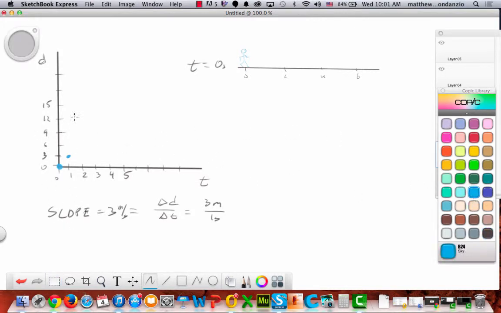Okay, so now he's at 3 seconds. And he's at 15 meters. Okay, so this means that, oops, hold on. You asked where he'd be at 5 seconds.